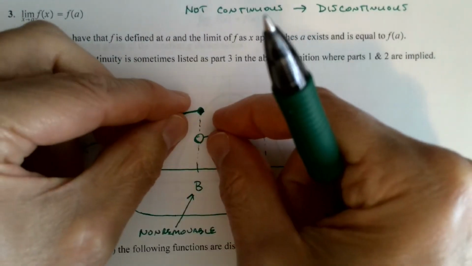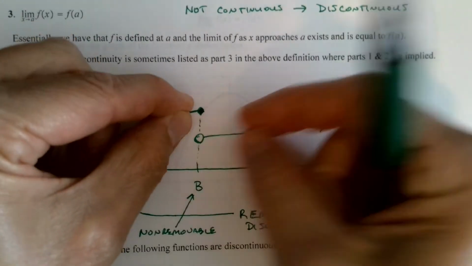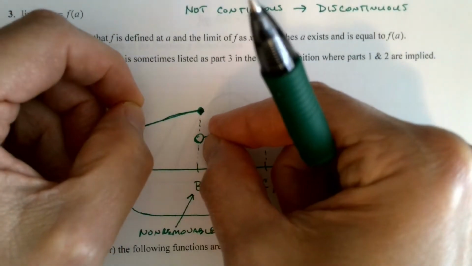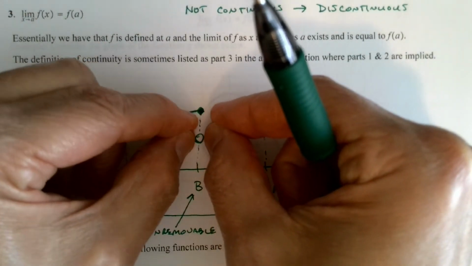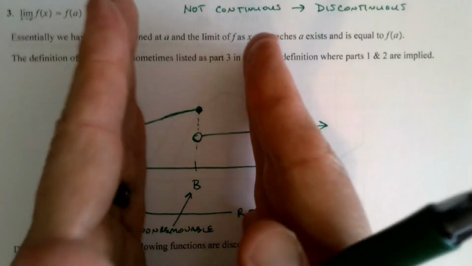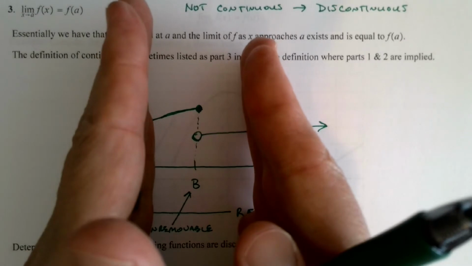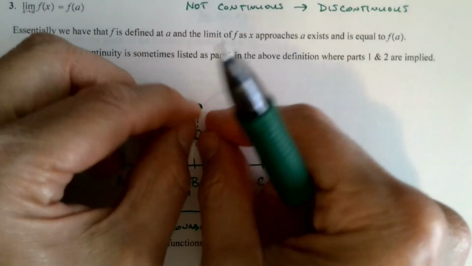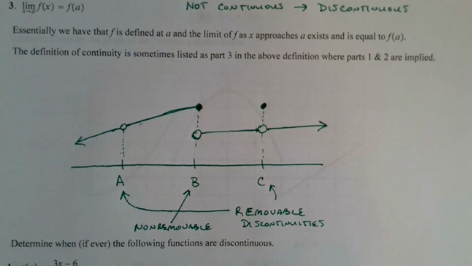I'm going to have to bend this piece up here down, bend this piece to the right of B up, so to speak, and connect them. And that's going to deform the graph of the function for a larger set of values, for many values about B. So it's going to deform the entire graph. That's a big problem.